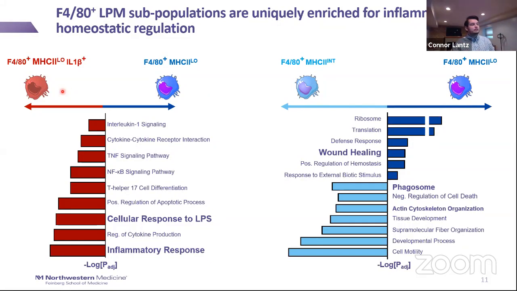Not surprisingly, in my IL-1 beta producing large peritoneal macrophage cluster, I see a huge enrichment for inflammatory pathways.